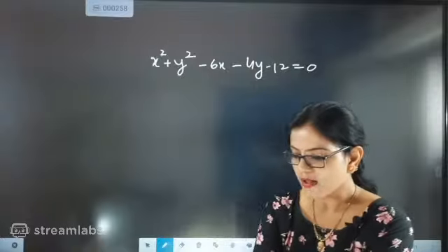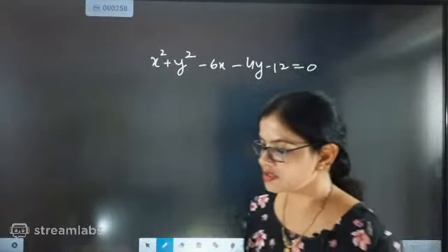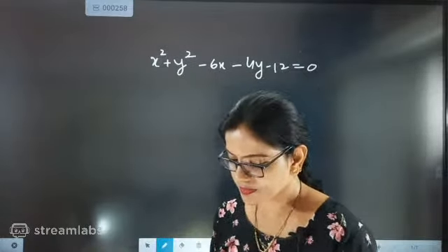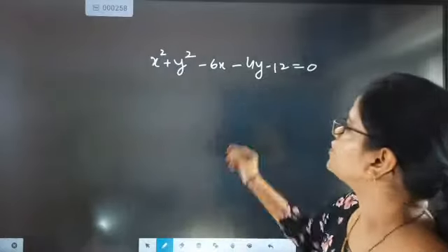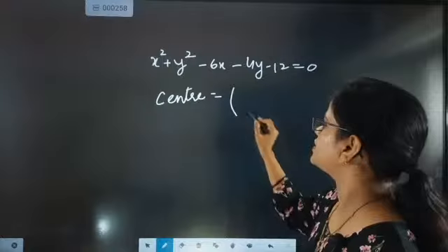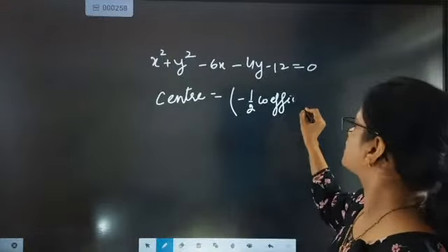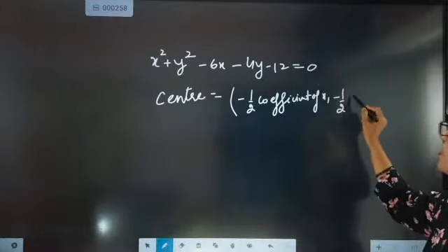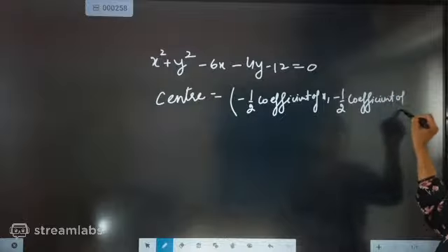Super Ashutosh. Now what is the center and what is the radius? Sarnya, 3,2, but what about the radius? Now look here, to get the center we follow one formula: minus 1 by 2 coefficient of x, comma, minus 1 by 2 coefficient of y.